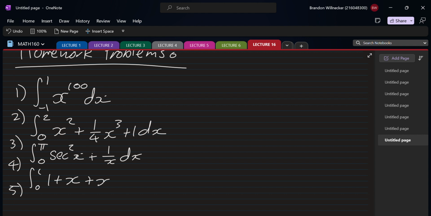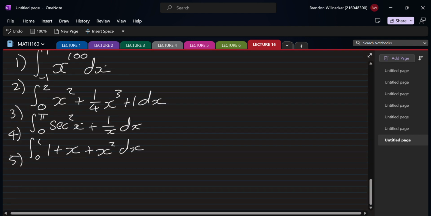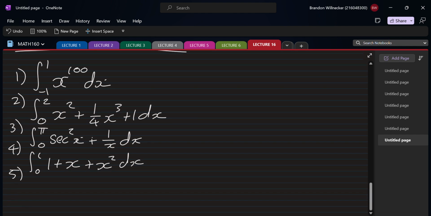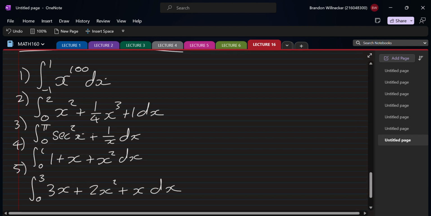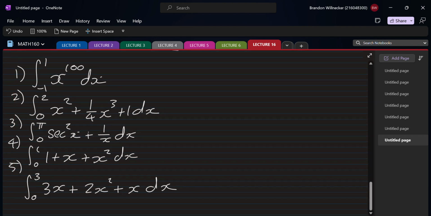Integral from 0 to 1, 1 plus x squared dx. 1, 2, 3, 4. Last one, integral from 0 to 3, 3x plus 2x squared plus x dx. Okay, 5 of them, pretty easy.